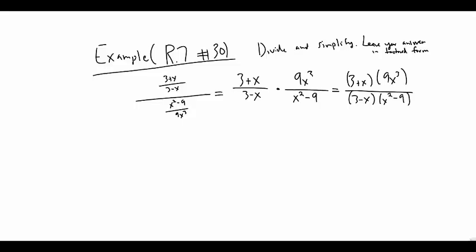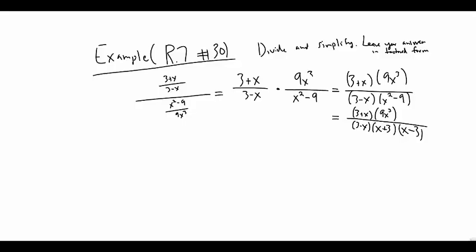Okay? And now we need to simplify. This rational expression must be in lowest terms. Are there any factors in common? Well, looking at it right now, we don't see any. But of course, to know for sure, we have to completely factor the top and bottom. x squared minus 9 factors as x plus 3 times x minus 3.